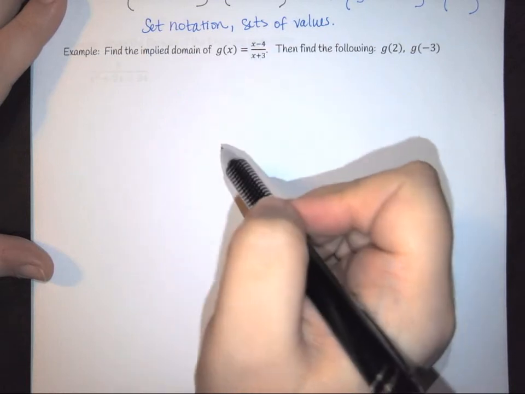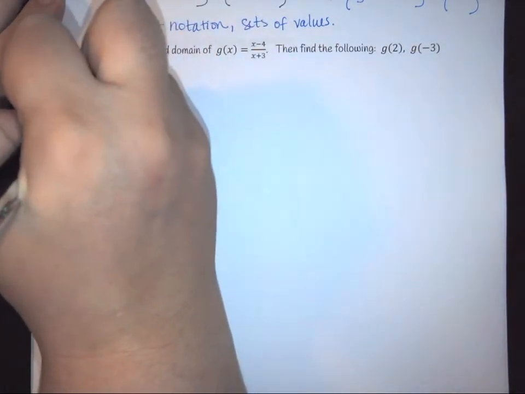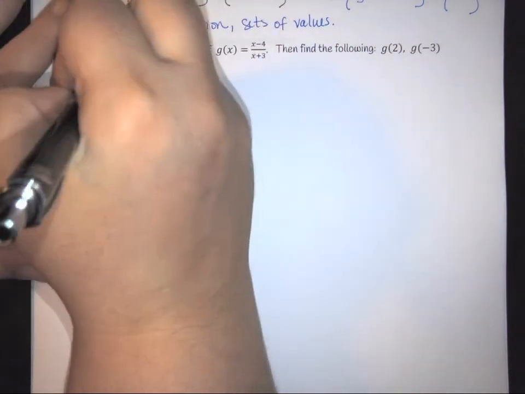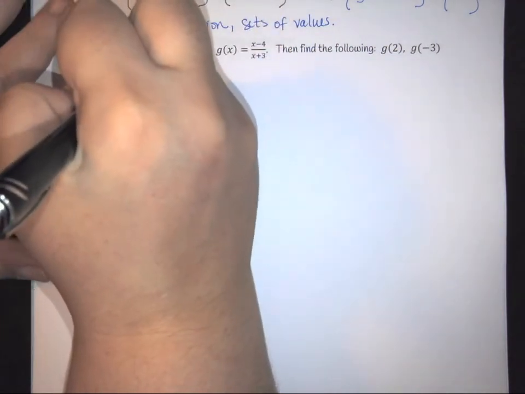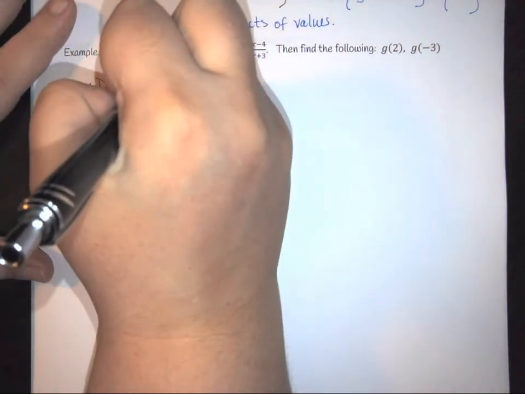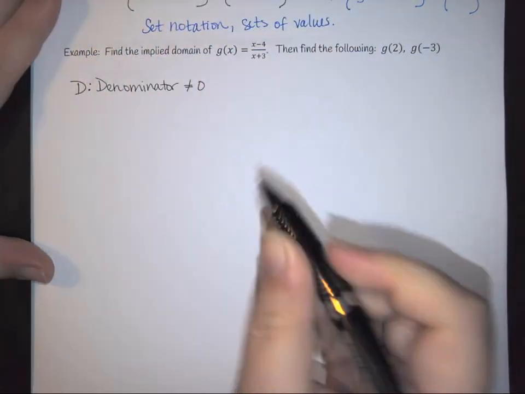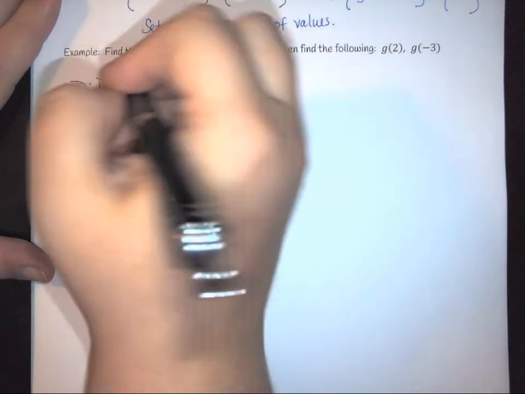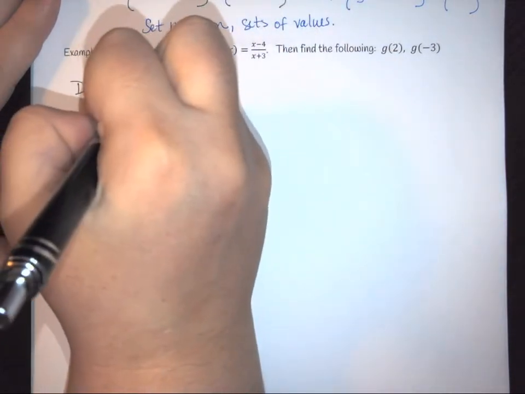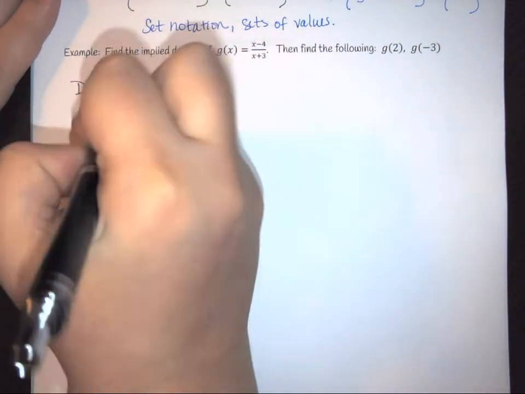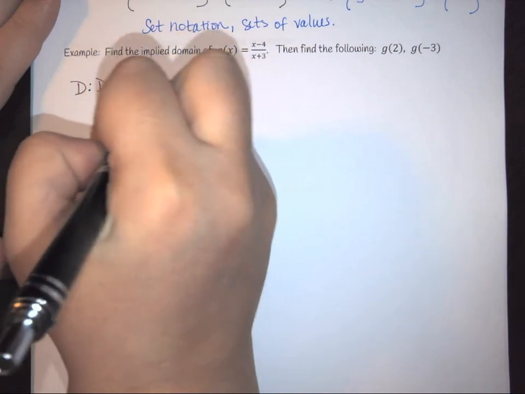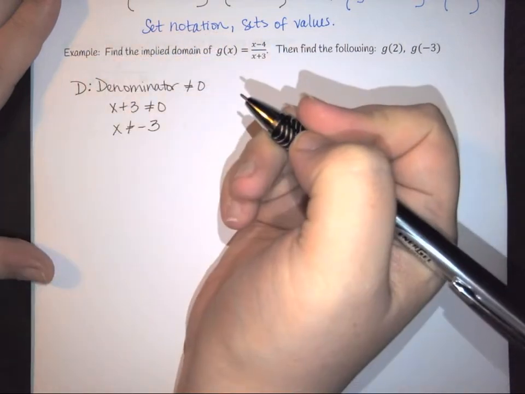This is a rational. So for here, my domain is going to be where the denominator cannot be 0. My denominator is x plus 3, so here I've got that x plus 3 cannot be 0, so x cannot be negative 3.